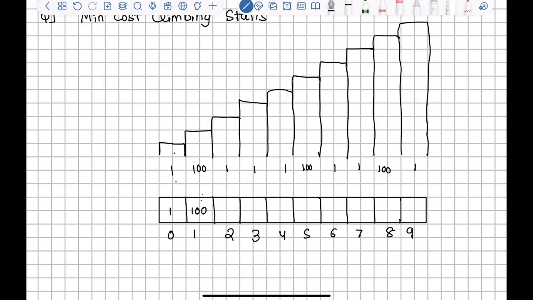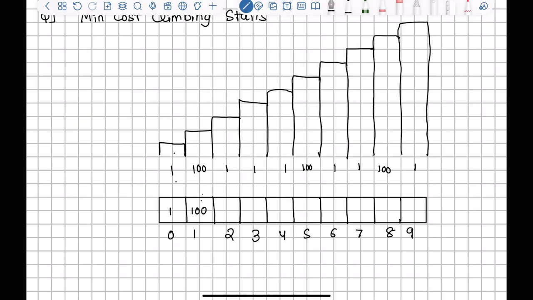Now, what is the decision that I'm going to take? Which step should I take for reaching here? I can reach here from this also, I can reach here from this also. That is the sub problem.